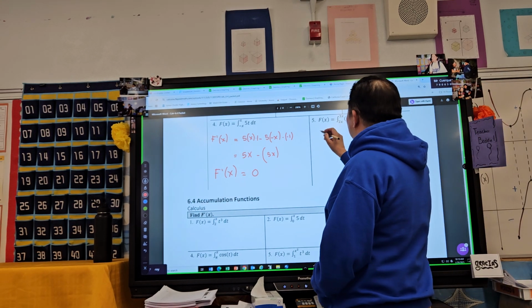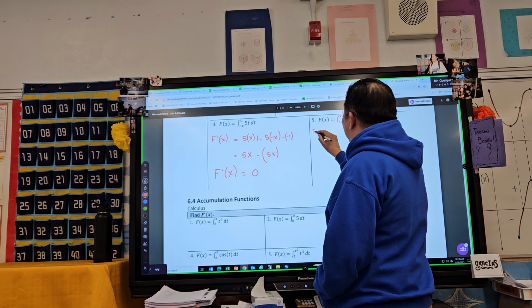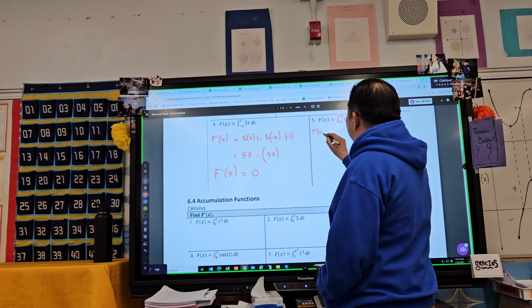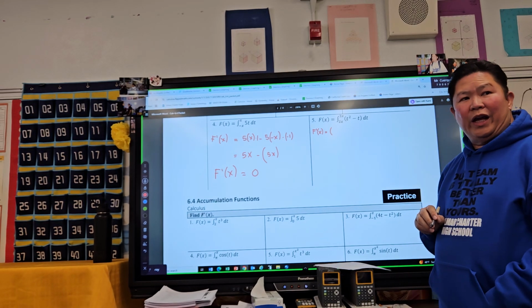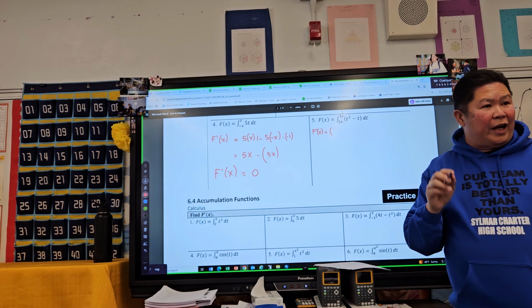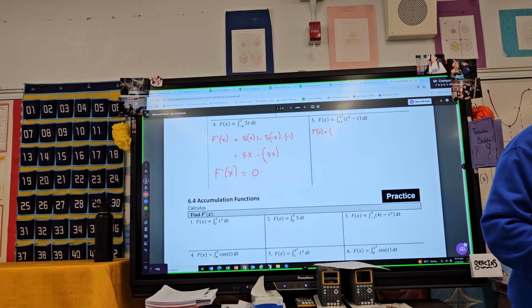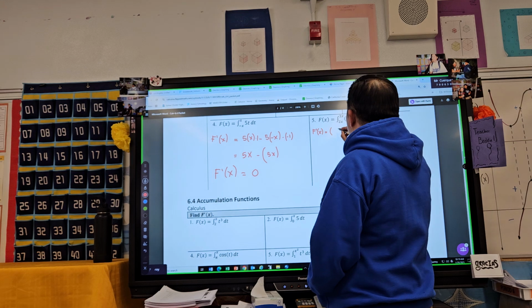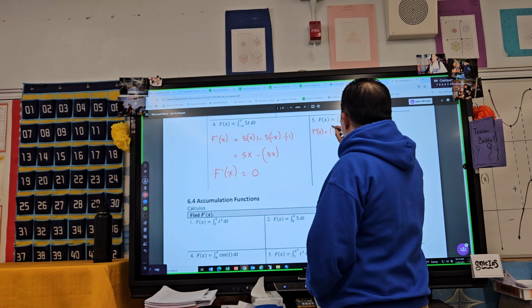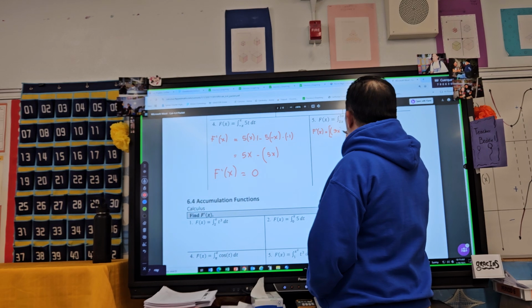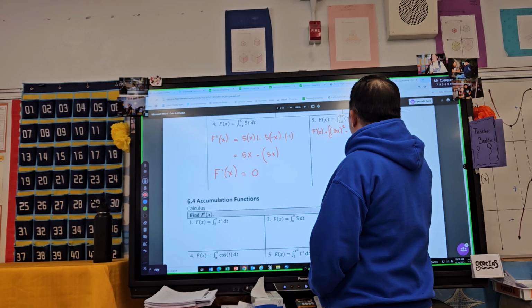So we have to rewrite it as f prime of x is equal to, at first we're going to plug in the 3x, right? Because 3x is our upper limit. So 3x squared minus 3.